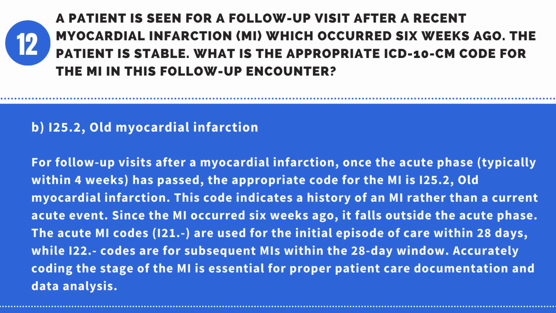Since the MI occurred 6 weeks ago, it falls outside the acute phase. The acute MI codes, I21, are used for the initial episode of care within 28 days, while I22 codes are for subsequent MIs within the 28-day window. Accurately coding the stage of the MI is essential for proper patient care documentation and data analysis.